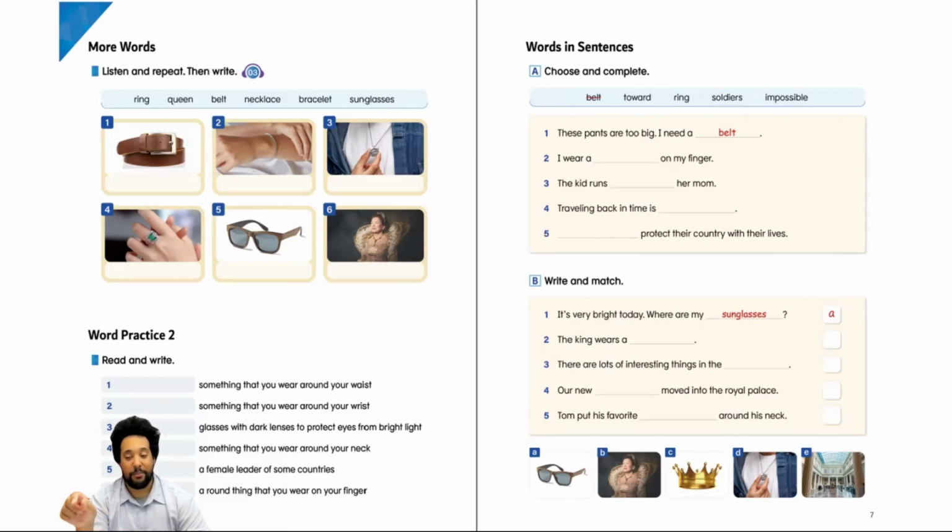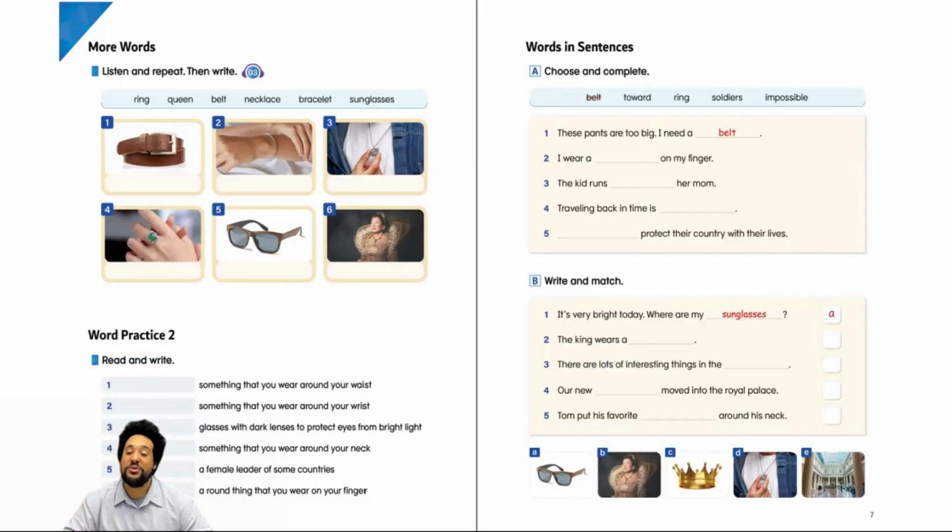I need a blank. So we already talked about this as an accessory, right? What accessory helps keep our pants up and from falling off of us, especially if our pants are too big? That's right, it's a belt.